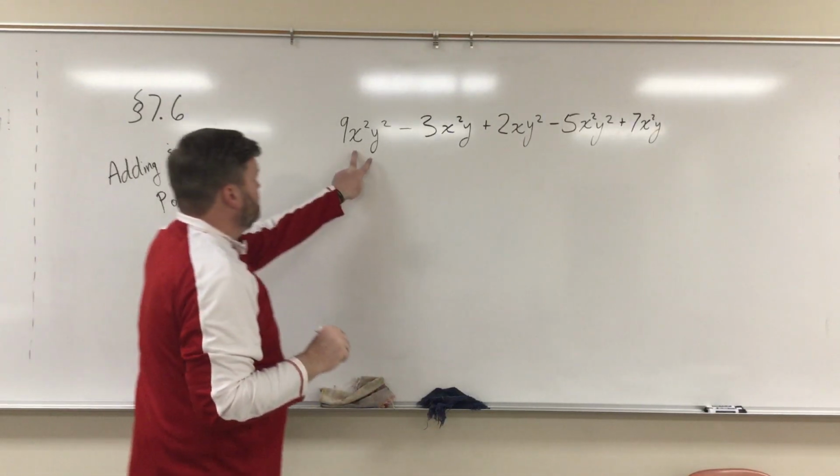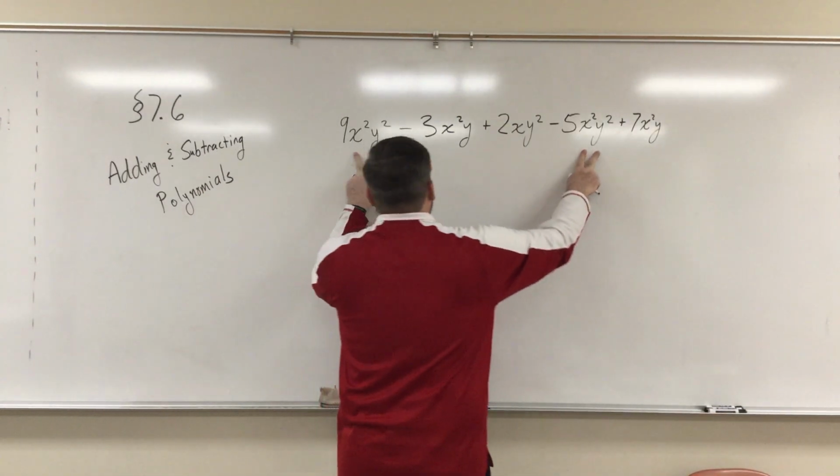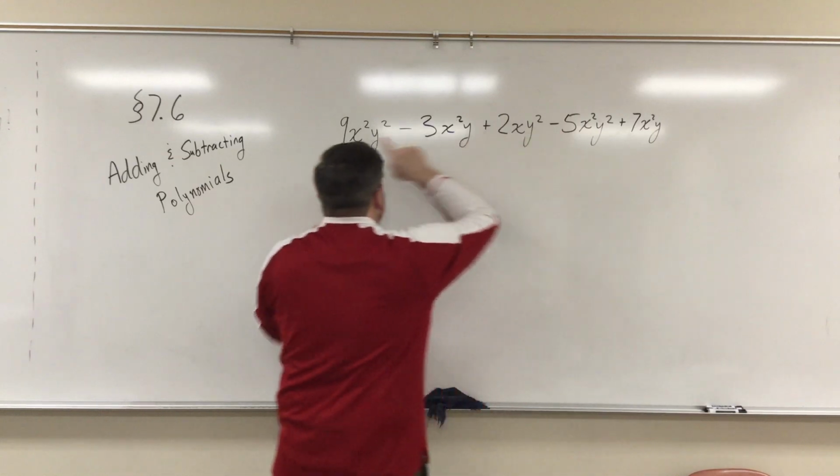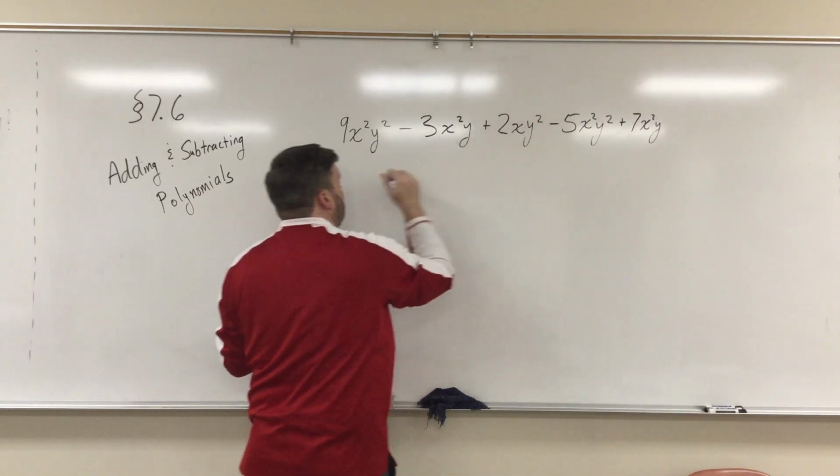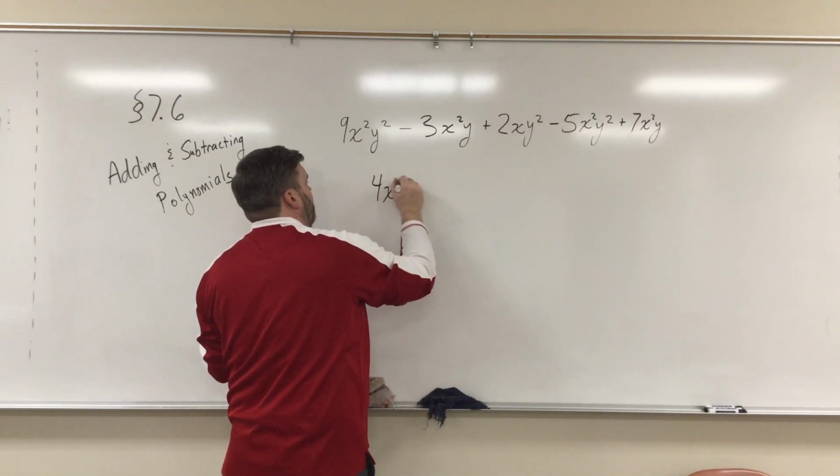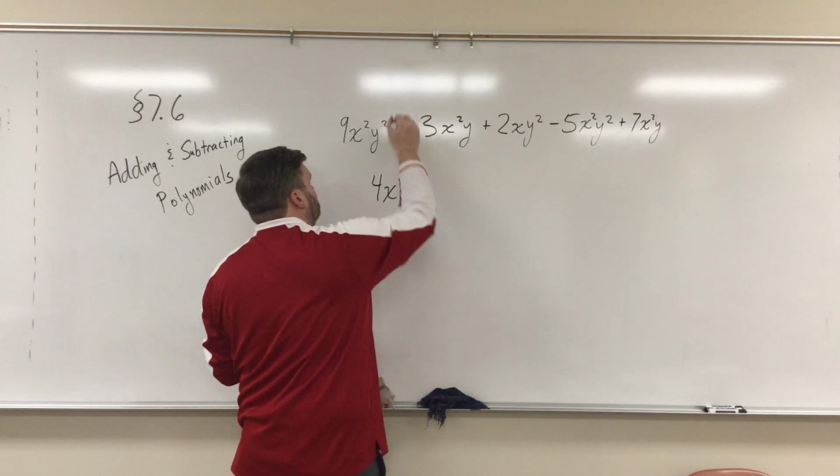All right, x squared y squared and x squared y squared. These are like terms. 9 minus 5 is 4, so I get 4x squared y squared.